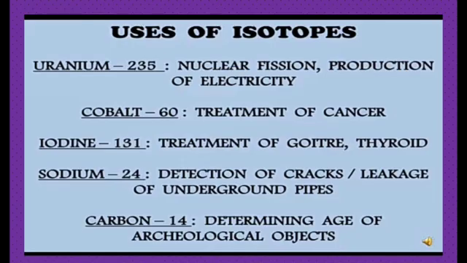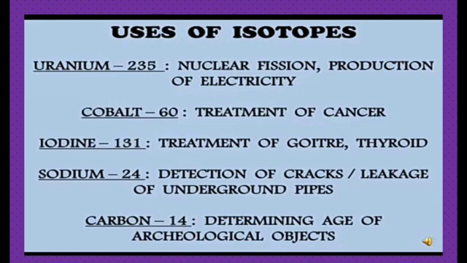Next is uses of isotopes. Some isotopes are very useful to us. First one, uranium-235. It is an isotope. It is used in nuclear fission, production of electricity. Next, another isotope called cobalt-60. It is used in the treatment of cancer.